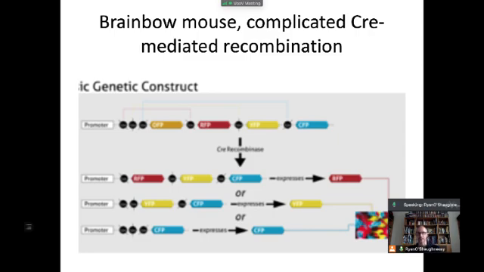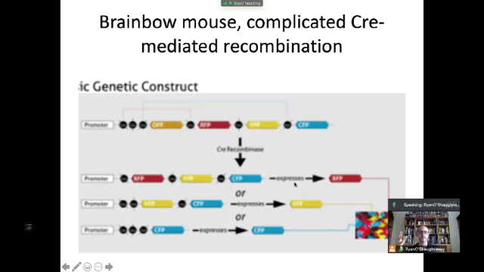And so we come to even more complicated uses of Cre recombinase, which relies on the random nature of how Cre recombinase works. This is the Brainbow mouse, which we talked about again in that fate mapping lecture, where we have an array of different fluorescent proteins all flanked by LOXP sites. Then when Cre is active, a number of those LOXP sites are cut, and there can be recombination or loss of those fluorescence genes. And so we will always get a random combination of these four fluorescent proteins.